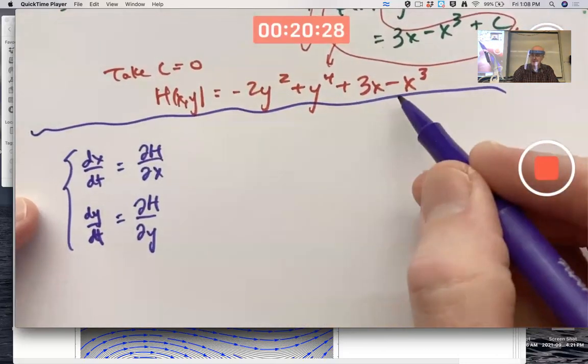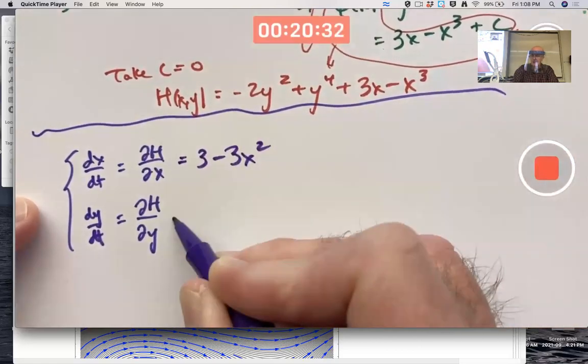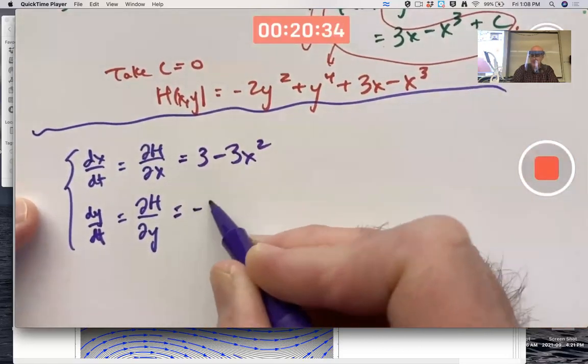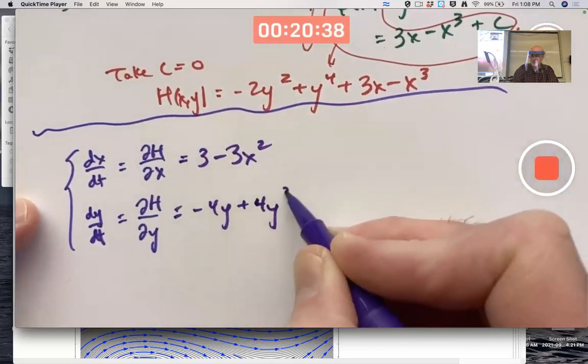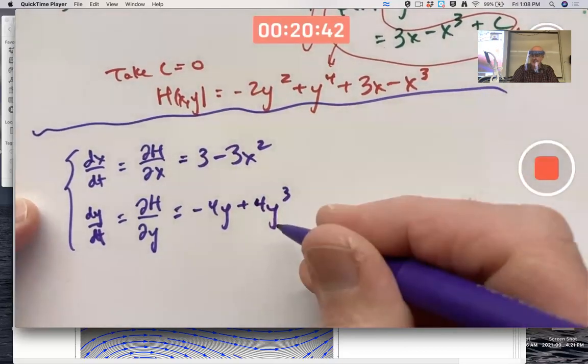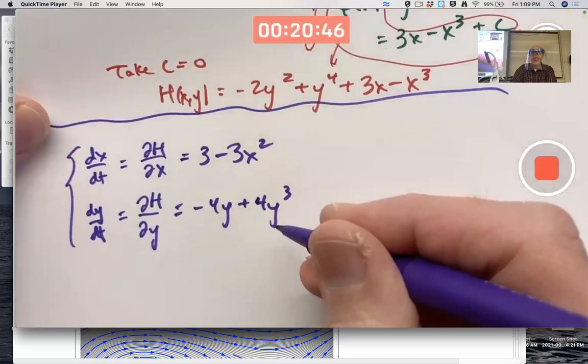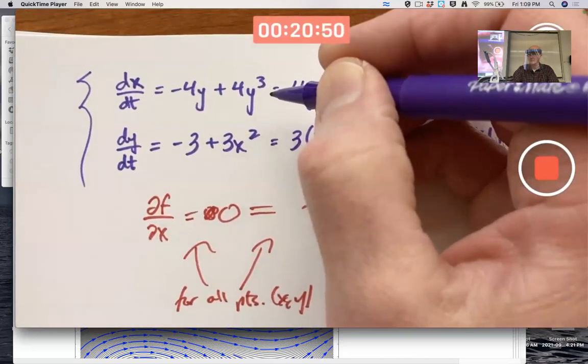The partial of this with respect to x is 3 minus 3x squared. The partial of this with respect to y is negative 4y plus 4y cubed. The right-hand side of the dy/dt equation is the same as the right-hand side of the dx/dt equation for the Hamiltonian system.